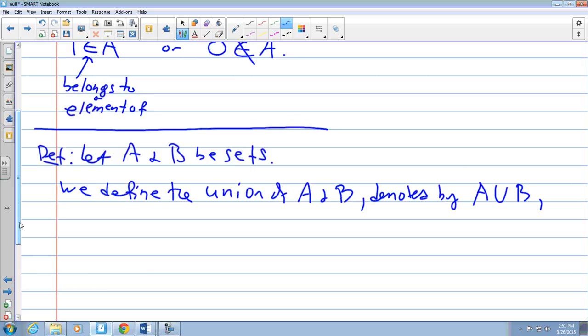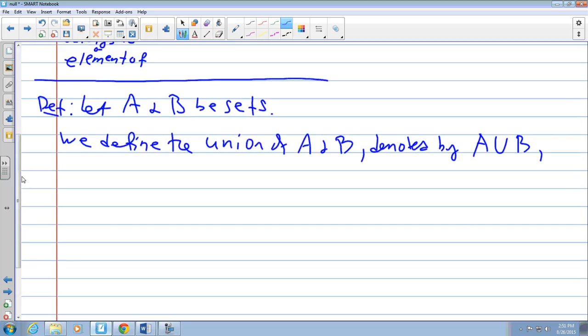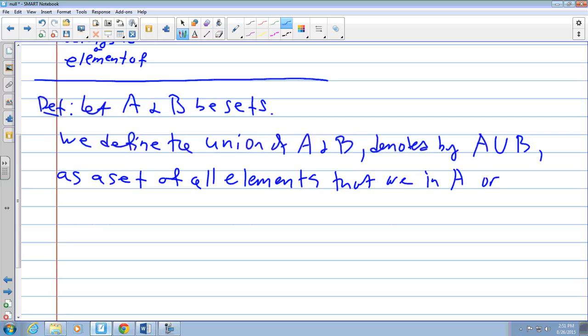This is a special union sign. So we define the union of A and B as the set of all elements that are in A or in B.